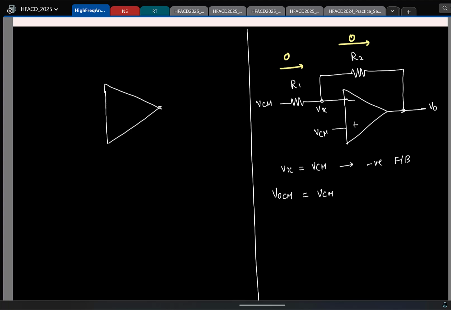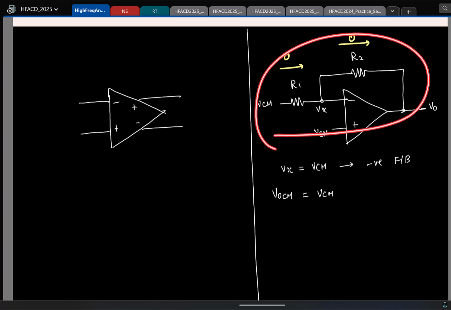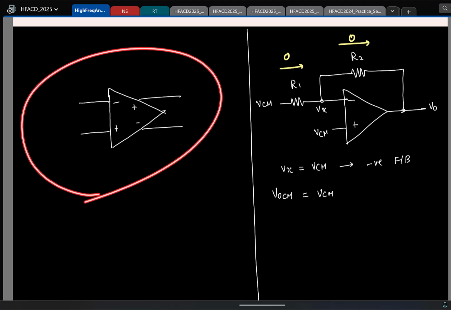So in a fully differential case, I have two inputs and two outputs. So just like how I formed an inverting amplifier with a single-ended output op-amp, how can I form an inverting amplifier here?